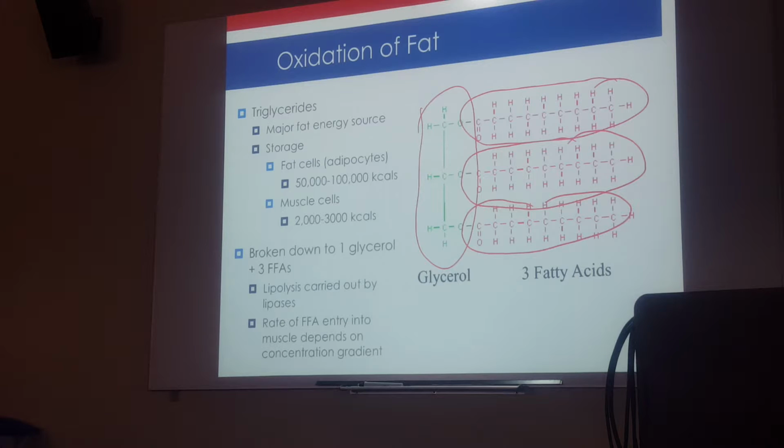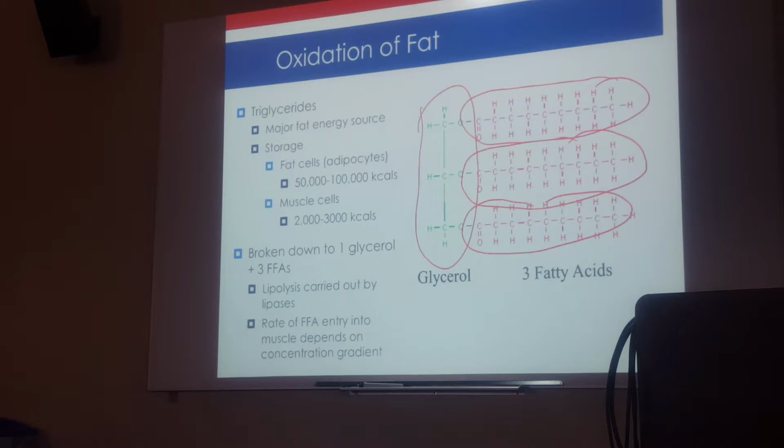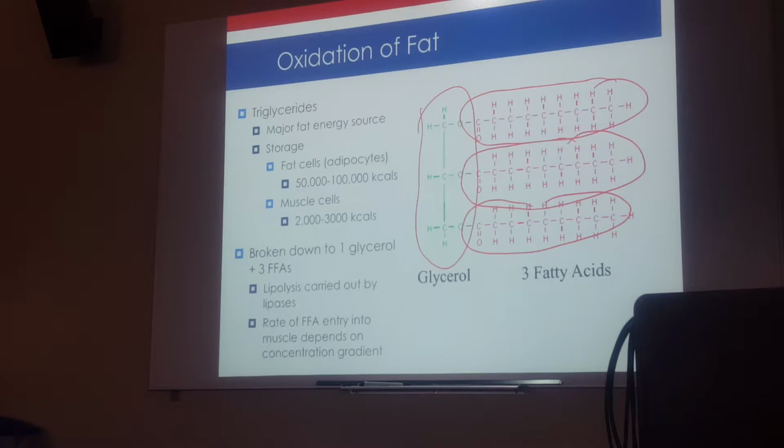And what we are going to do is break off those fatty acids, convert them to acetyl-CoA so that we can use it to convert it to ATP, okay? We'll also be able to use the glycerol backbone. It doesn't give us much, but it does give us a little bit of ATP, so we're not just wasting the glycerol backbone, okay?